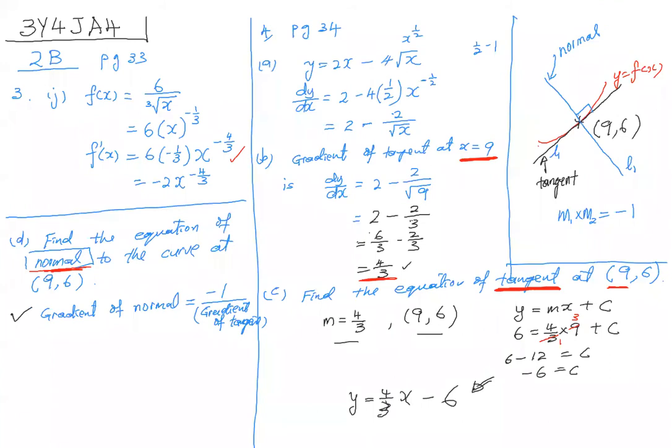Okay, so what I need to do now, at that point, correct? The gradient will be the gradient of normal. So I prefer to write it down to remind myself I'm finding the gradient of normal. So it will be -1 over, what is the gradient of tangent at the point 9, 6? 4/3.